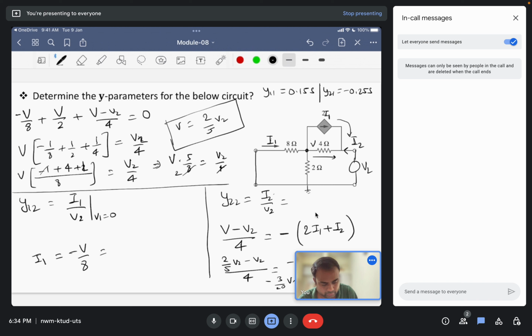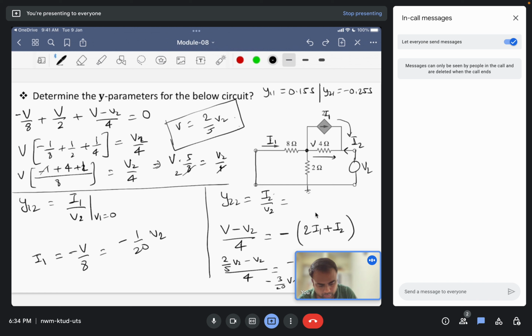So this was minus 1 by 20 V2, substituting V from the equation in the box. So V is 2 by 5, so 2 by 5, 2 and 8 will cancel out to 2 by 4, and 4 times 5 is 20. So this has gone lengthy, but not to worry. So I1 is minus 1 by 20 V2.